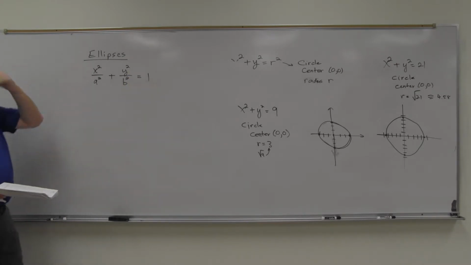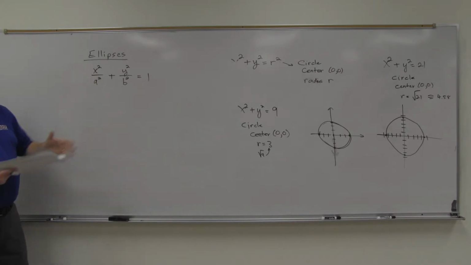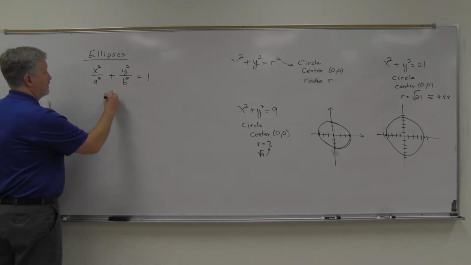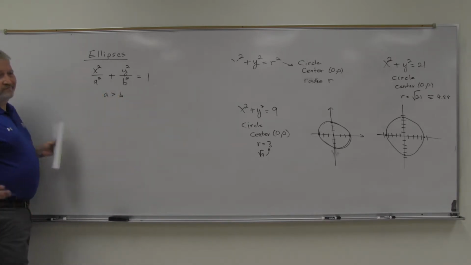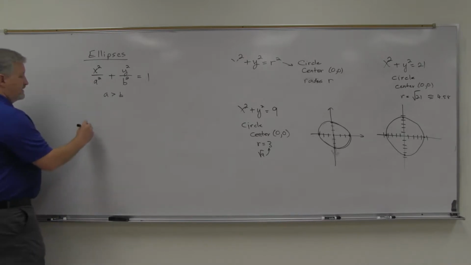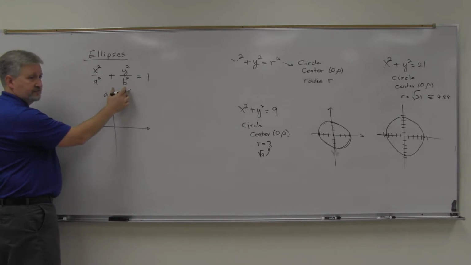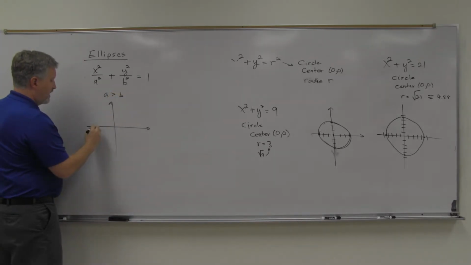We'll do one maybe. But the a squared and the b squared, typically on the ellipse, they want the a squared to be bigger than the b squared, the a bigger than b. They don't do that on the hyperbolas, but for the ellipse, it's because of the focus equation, basically, I guess. But anyway, if a is greater than b, here's what you've got.